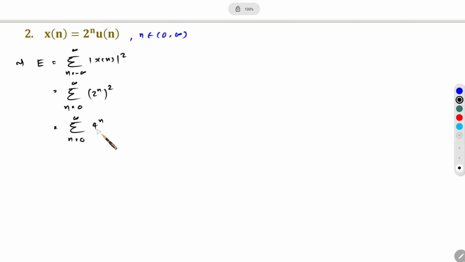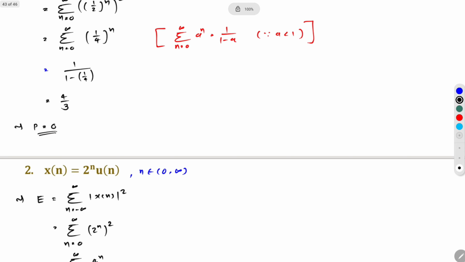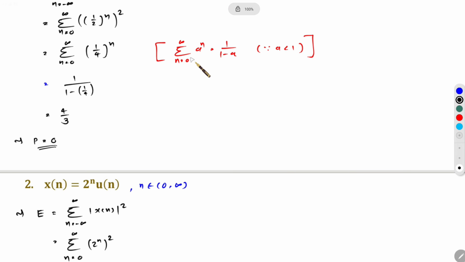Right. Now see, previously I have told you that if you have a series where n is ranging from 0 to infinity, a to the power n, that is 1 by 1 minus a. But here this small a is lower than 1. If this small a is greater than 1, then obviously this algebraic addition will be going towards infinity, right?